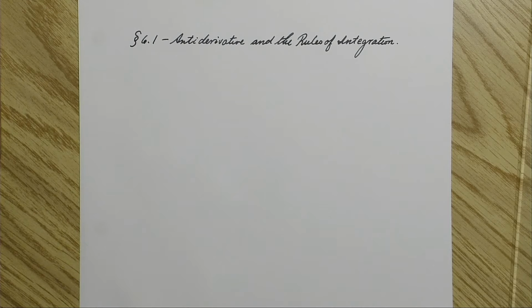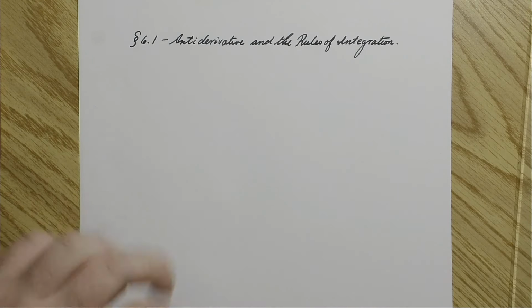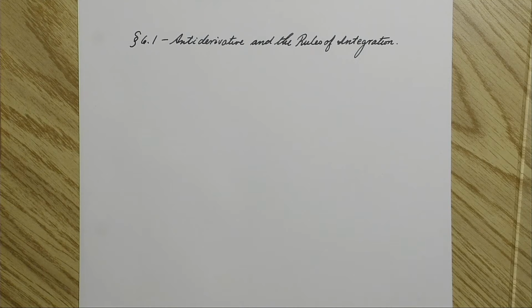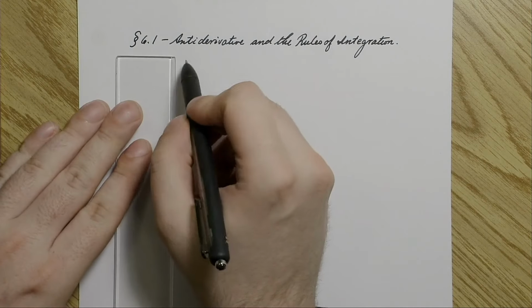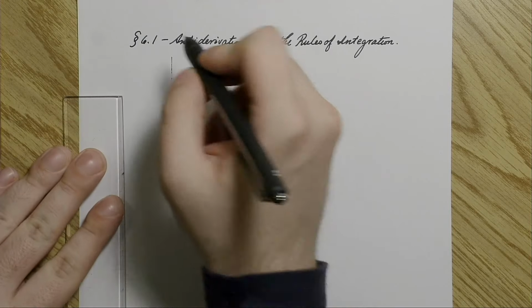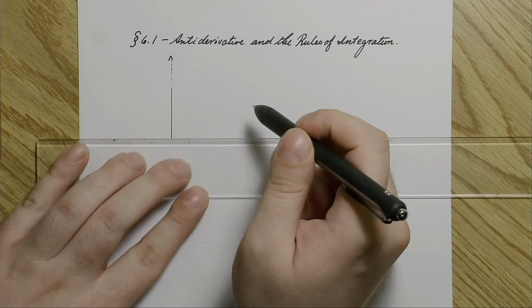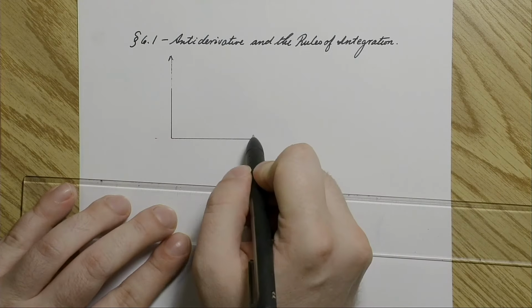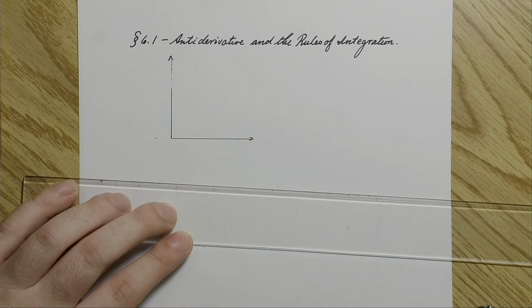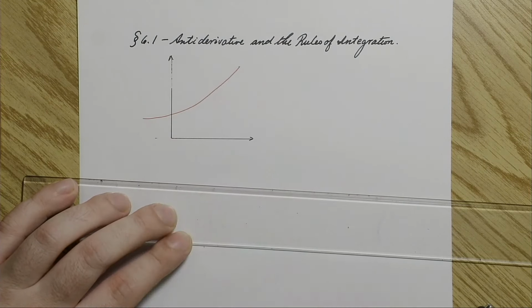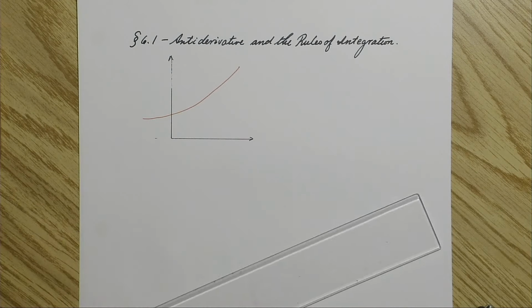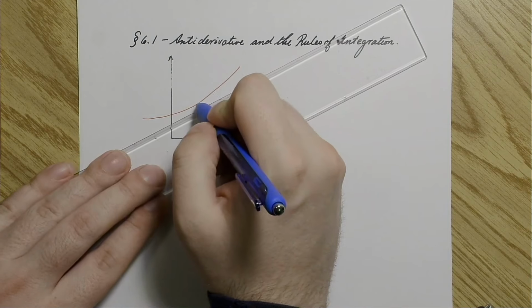Okay, so remember when I was talking earlier in this course, we had two problems that calculus is involved with. Let me grab a pen. So we have some sort of curve like this, and we had something like the tangent problem.